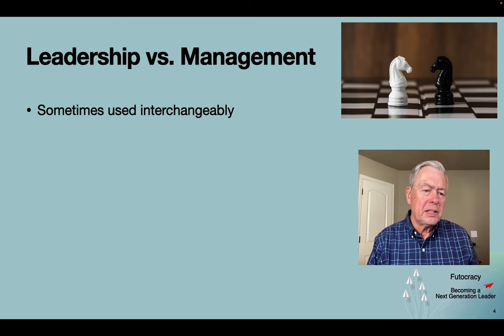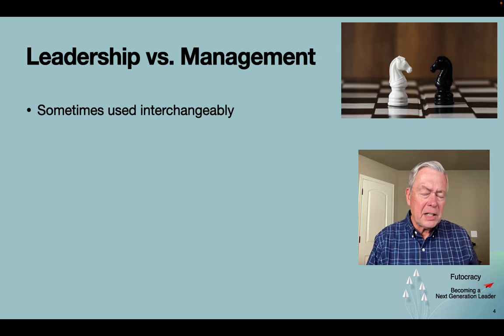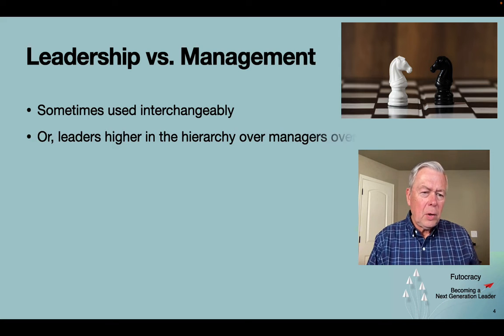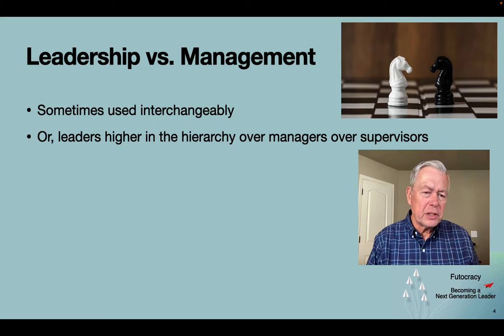Let's talk about differences between leadership and management. Really, they're often used interchangeably, particularly outside of academia. They really end up getting mixed up an awful lot. Or if they are used with some distinction of differences, oftentimes the leader role is given to those at the top of an organization.